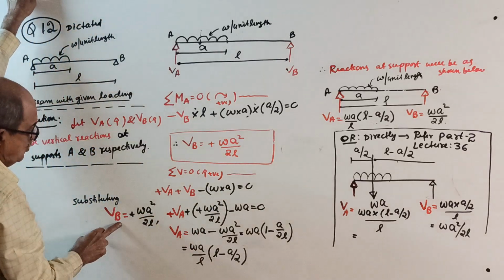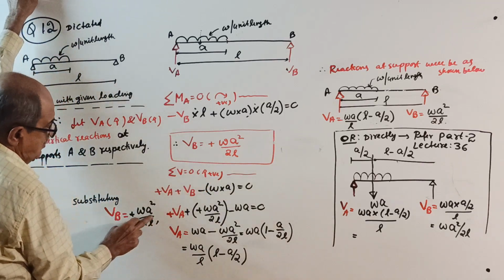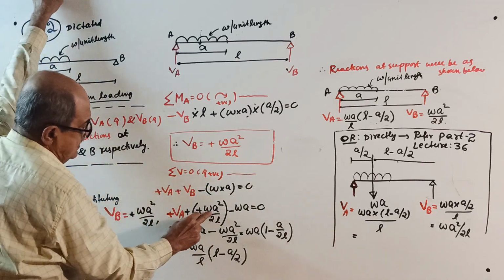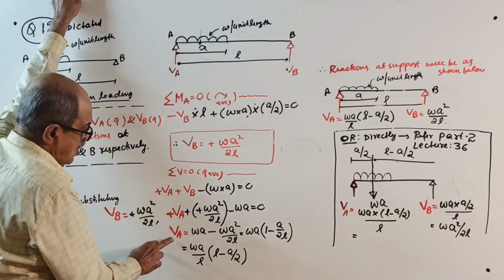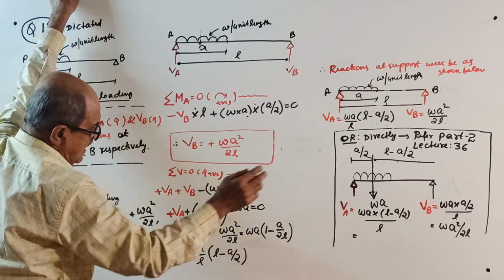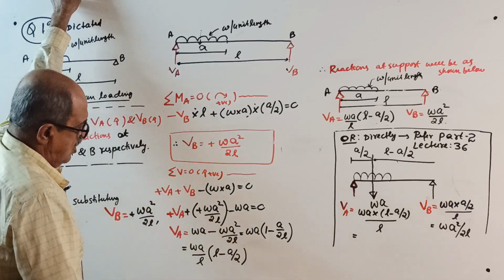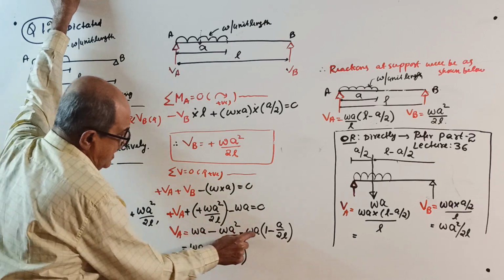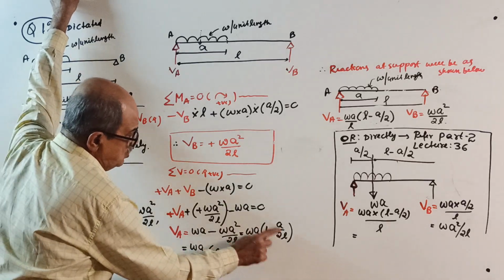Substituting VB equal to WA square by 2L, you get VA plus WA square by 2L minus WA equal to 0, or VA equals WA minus WA square by 2L. Or if I take WA outside, 1 minus A by 2L.